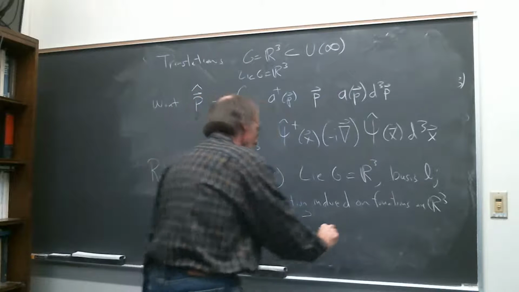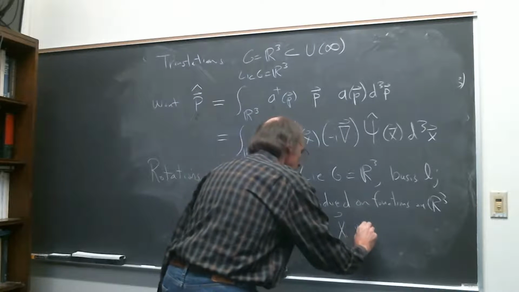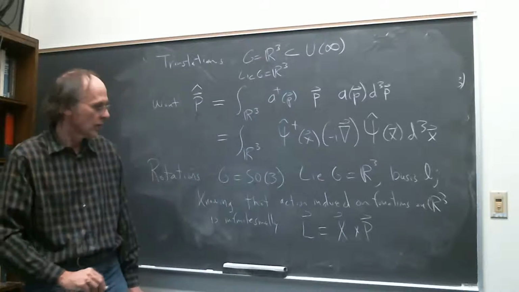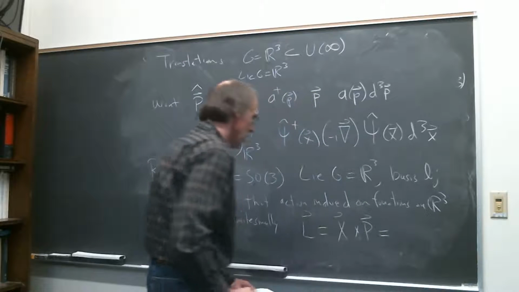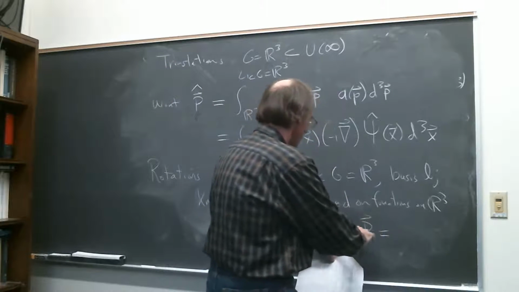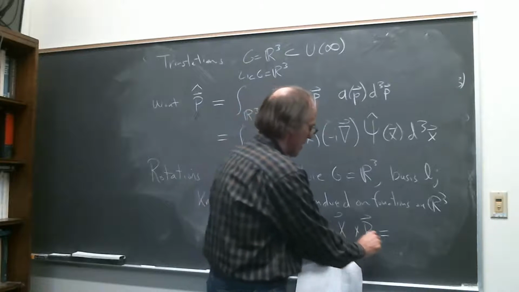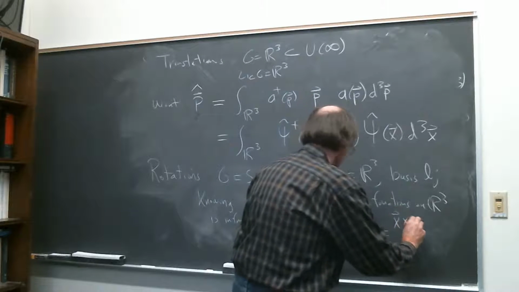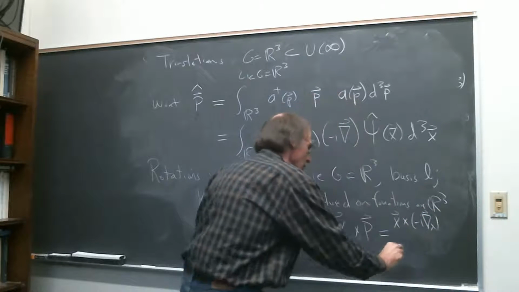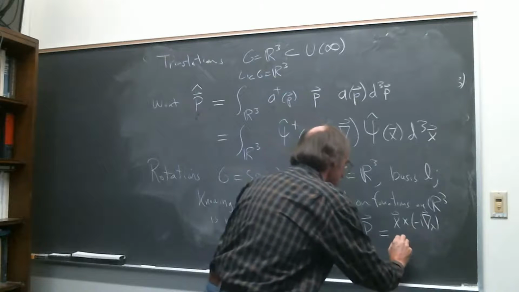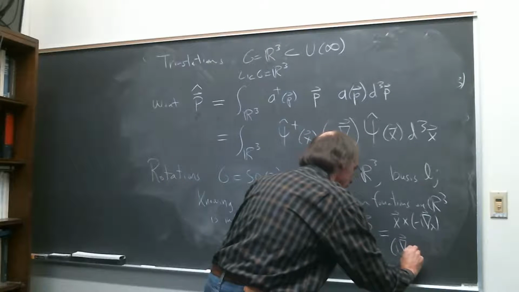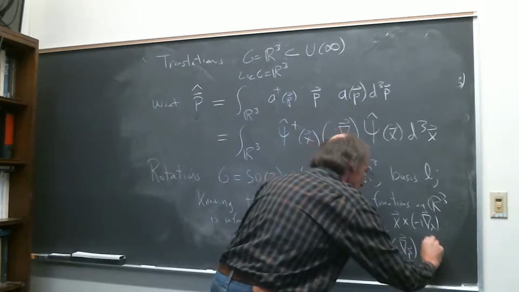vector, which is the position operator cross the momentum operator. If you want to work purely in position space, it's going to be x vector cross minus i gradient, or if you want to work purely in momentum space, this is going to be i gradient with respect to p, cross p vector.